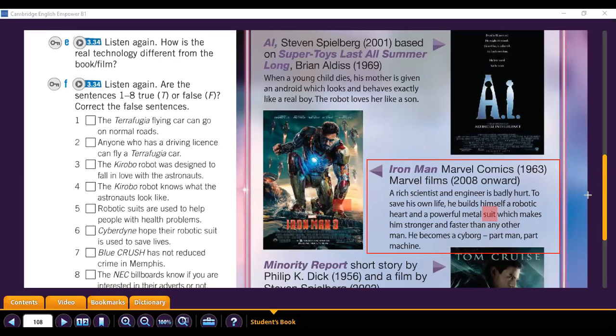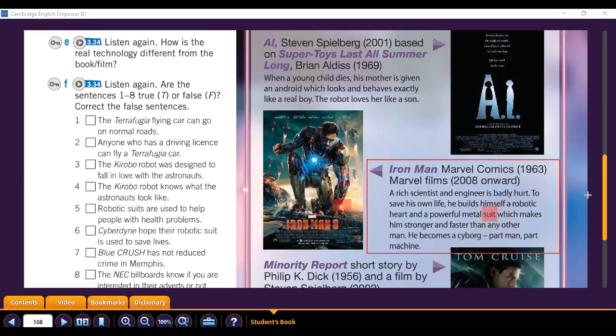Very good. Thank you, Janet. So here we have Iron Man, which is one of the most popular Avengers, you know, right? So he builds himself a robotic heart and a powerful metal suit. That is the characteristic of Iron Man, right?